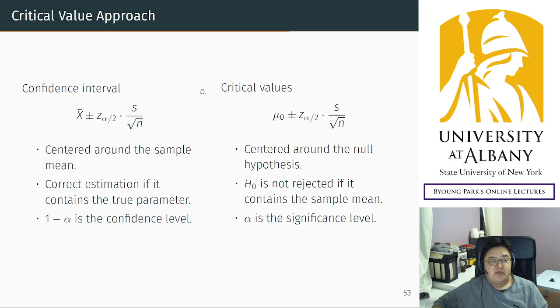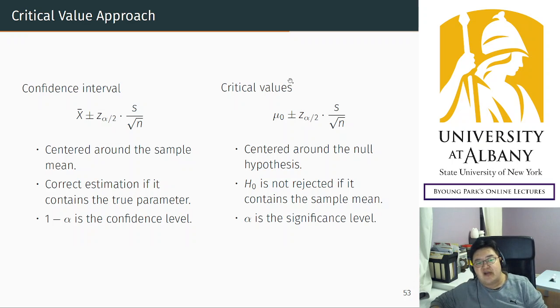Because of that difference, the confidence interval is centered around the data, the sample average. But critical values are centered around your hypothesis, right? Hypothesis is the starting point. And the confidence interval will be correct if it contains the true mean.